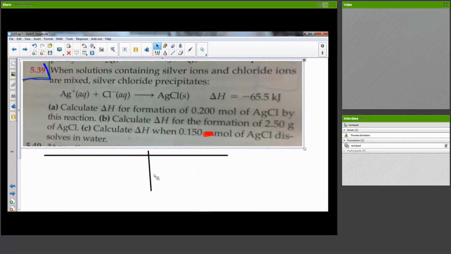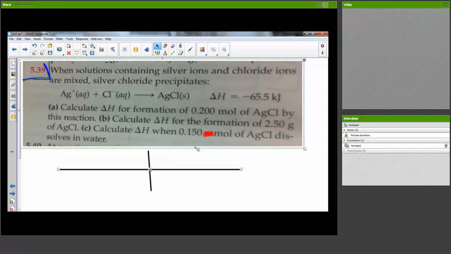When you have a balanced chemical equation and I give you numbers, you're most likely going to have to do stoichiometry, which means we're probably going to have to use a picket fence. You all right with that? So I look at part A. I only gave you one number. So what do you do with the thing I give you?